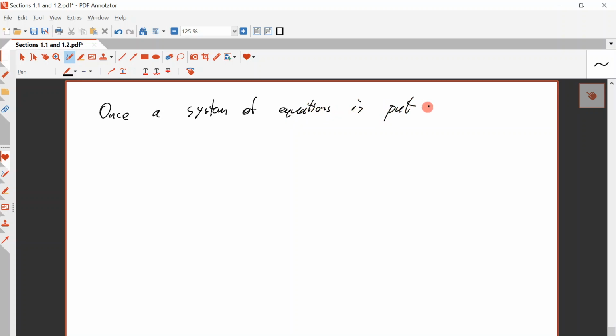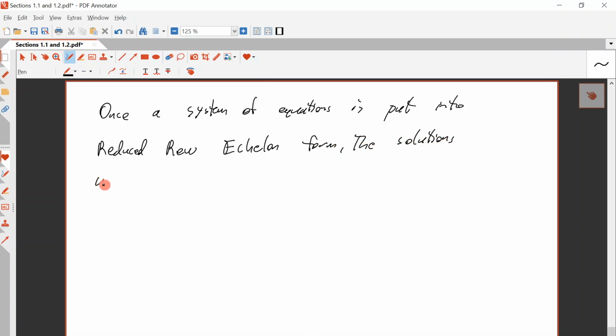Once the matrix is put into reduced row echelon form, the solutions can be easily read off the matrix.